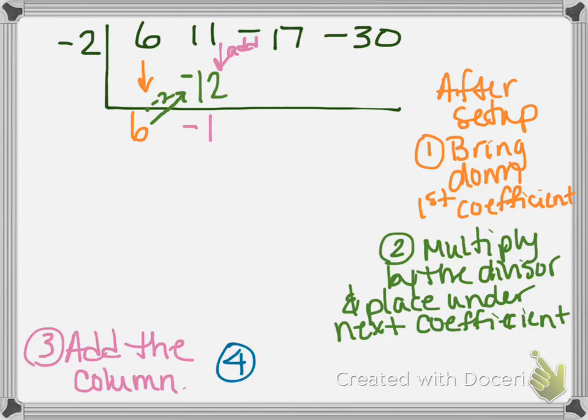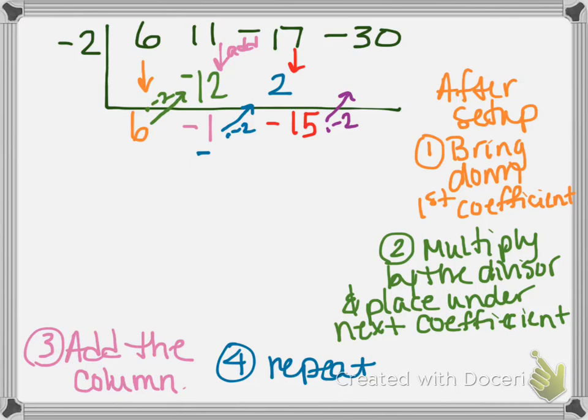So step 4, repeat. I take now my -1. -1 times -2, that goes over here, so that's a +2. And we add -17 plus 2 is -15. Then we come over here, multiply by -2, that's a +30.